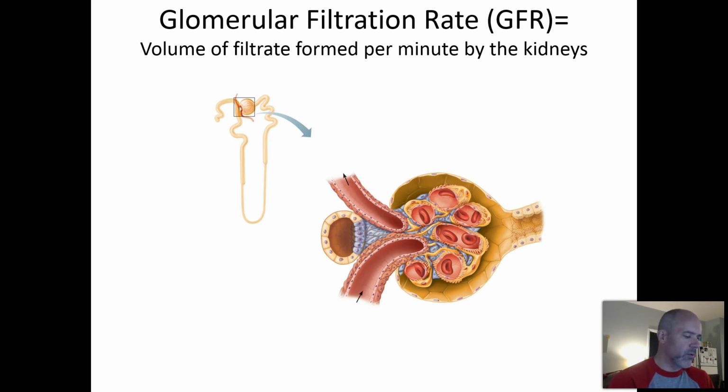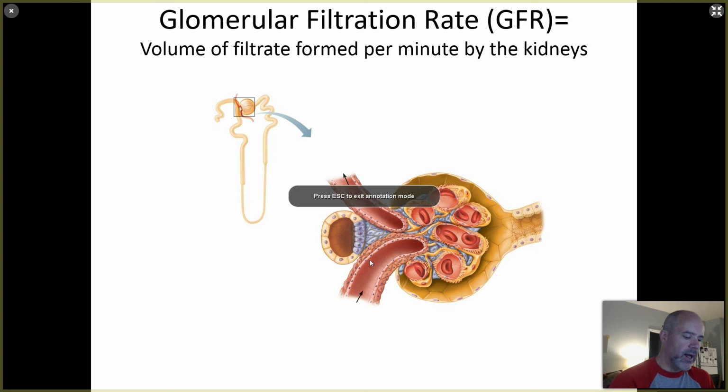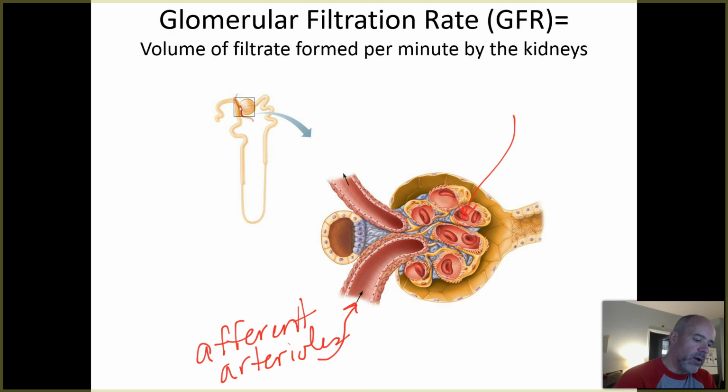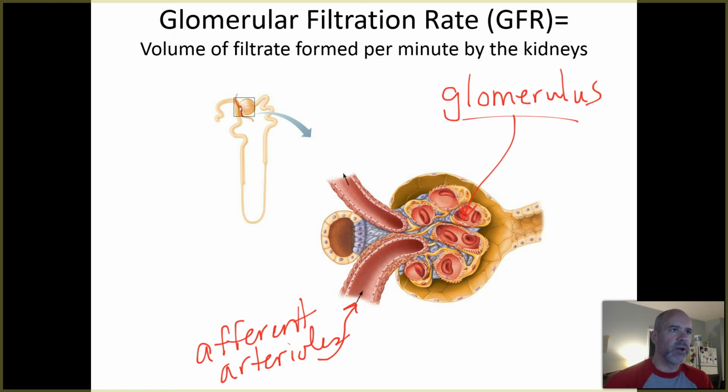All right, just to review again, as you guys know, we've got blood that's coming into the kidneys from the renal arteries, and it gets distributed up into the cortex of both kidneys, and it winds up entering these afferent arterioles, and those lead to the glomerulus in each of these units that you have all over the place in the cortices of your kidneys.